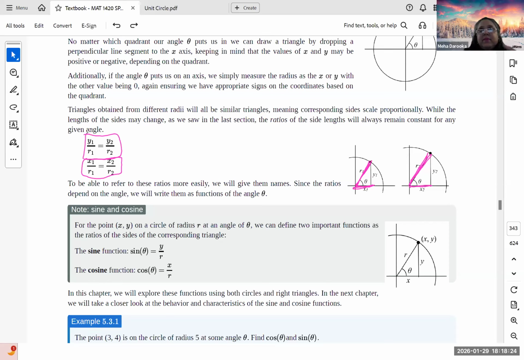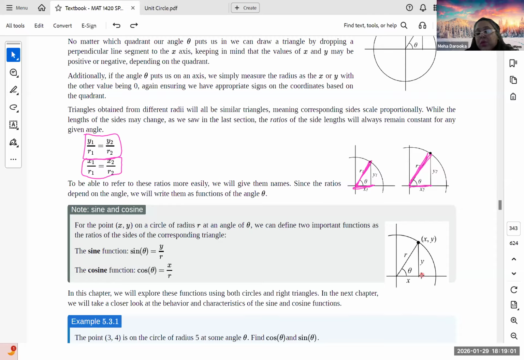This concept of similar triangles and keeping those proportions the same is what actually leads us into the discussion of sine and cosine. So if you have a point X and Y on your circle that has a radius R and it is at an angle theta, your sine function is going to be defined as the ratio between the y and the r values. If you think in terms of a triangle, the r represents your hypotenuse.